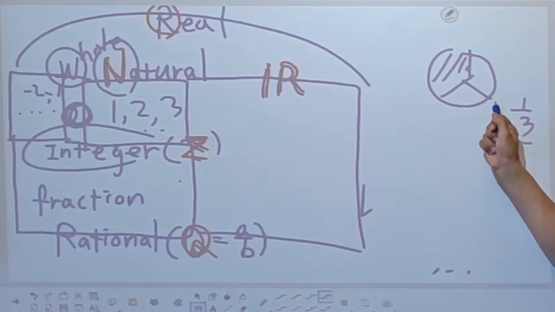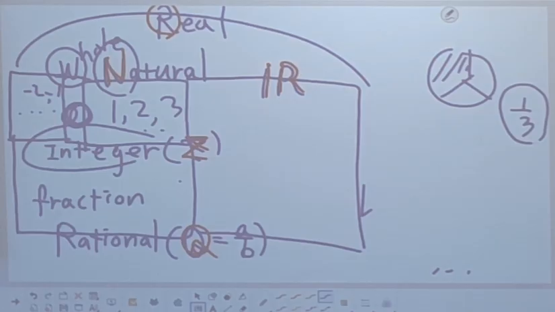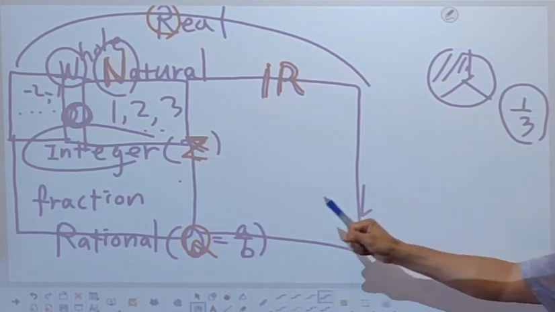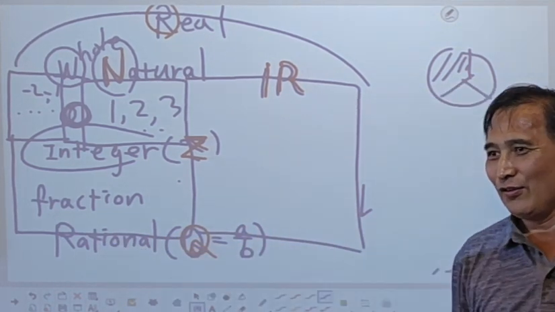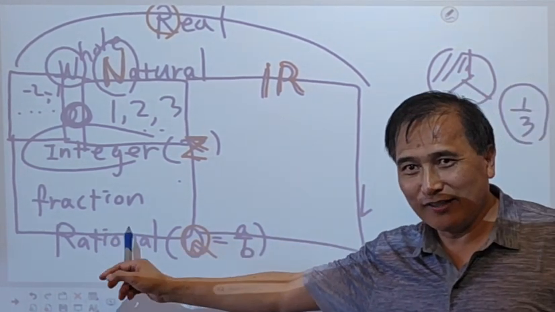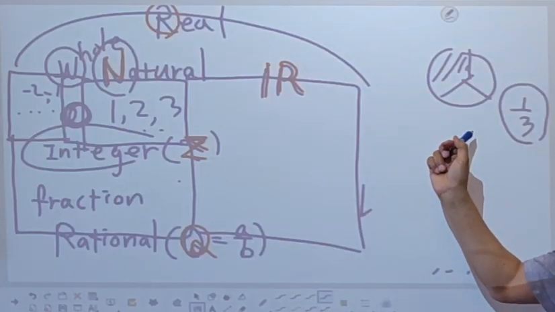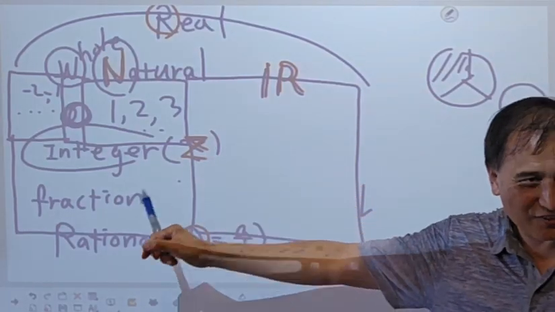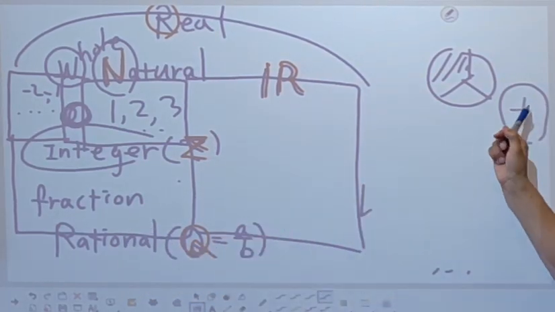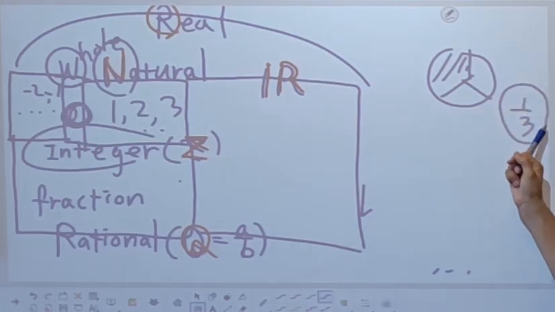To express that, what do we call this number now? 1/3, what do we call it? This is a fraction, right? Yes, this is what we call a fraction. A fraction you can write with a numerator and denominator, right? Everybody clear?